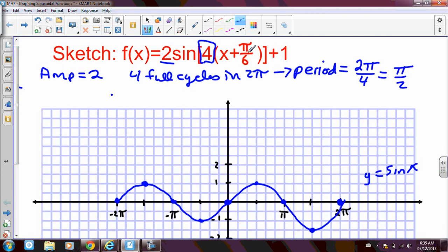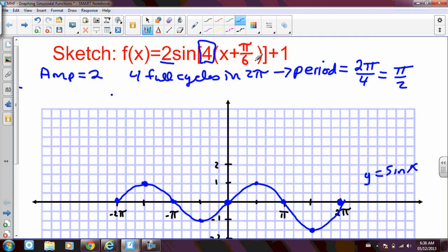The other two numbers, pi over 6 and the 1, are the shifting that's going to occur. Much like way back in grade 10, I think, when you started moving curves around that were parabolas, the x value has an addition or subtraction here. It moves left and right. The number on the end, of course, moves up and down.